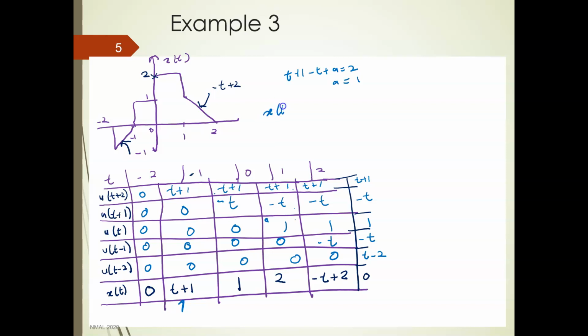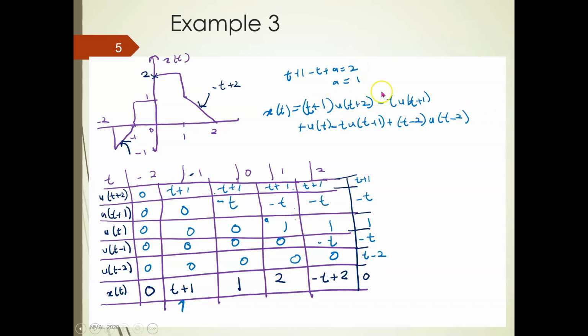So now x(t) is equivalent to (t+1)u(t+2) minus t u(t+1), plus u(t), because 1 multiplied by u(t) is still u(t), and then minus t u(t-1), and then finally plus (t-2)u(t-2). Okay, so that is your answer.